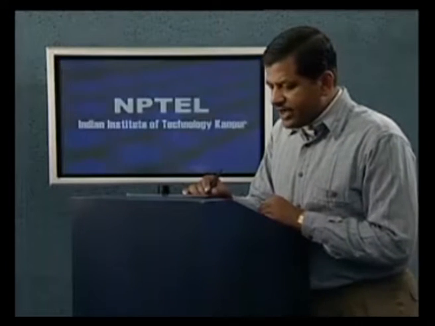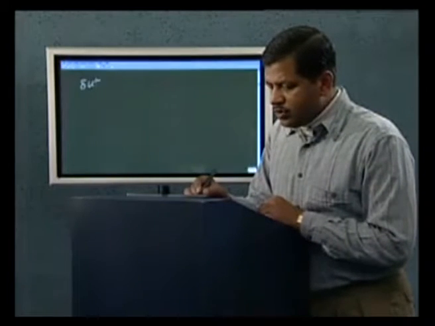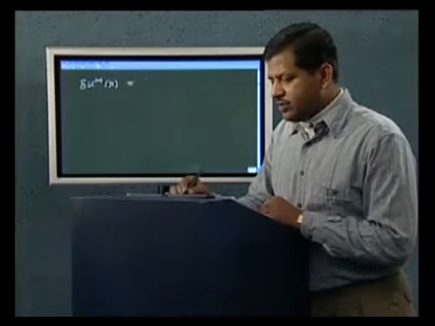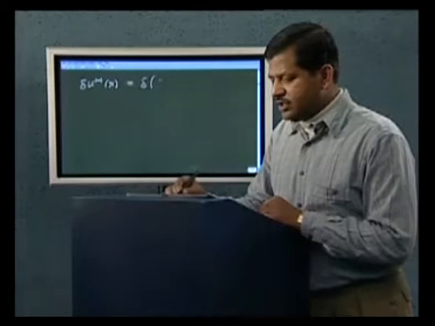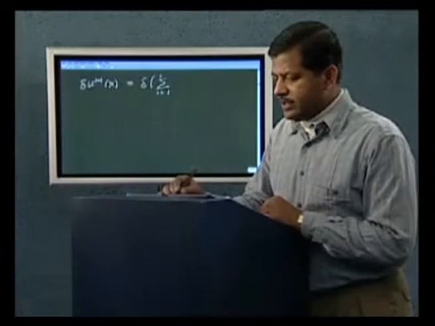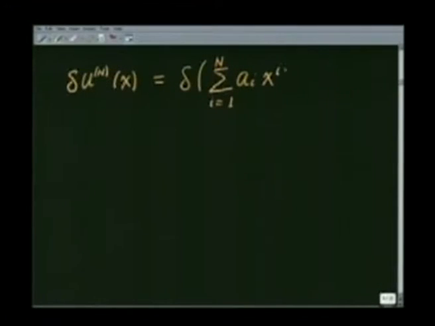So let us define the variation of u_n(x). This will be equal to the variation of sigma i equals 1 to n a_i x to the power of i.